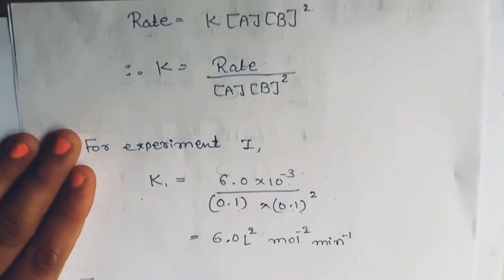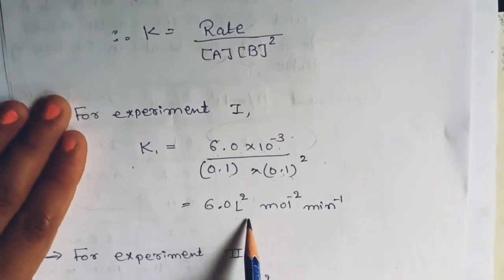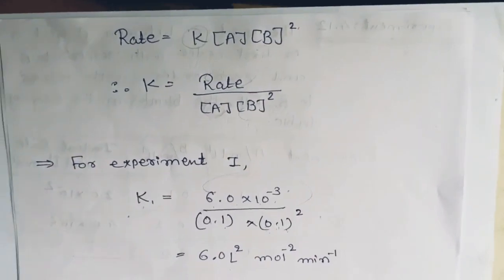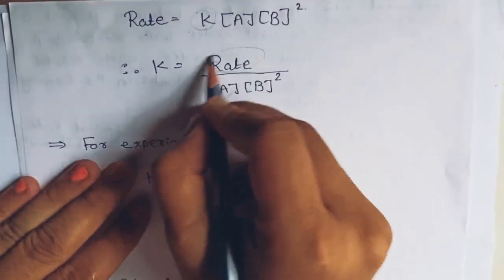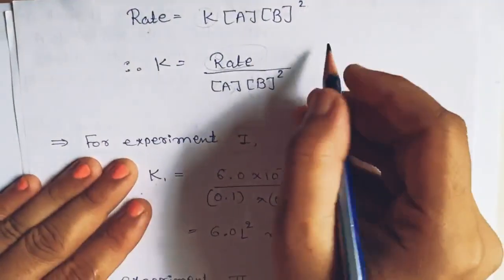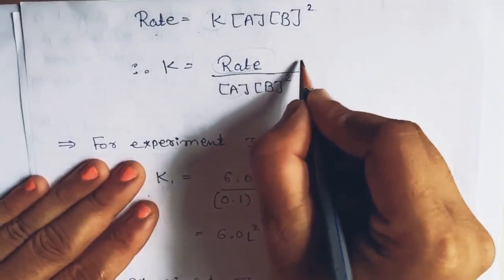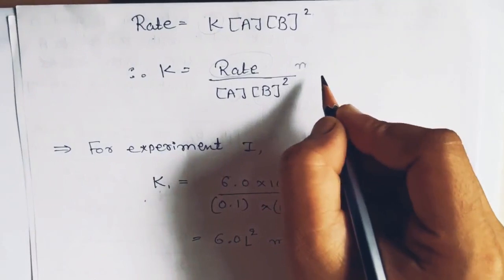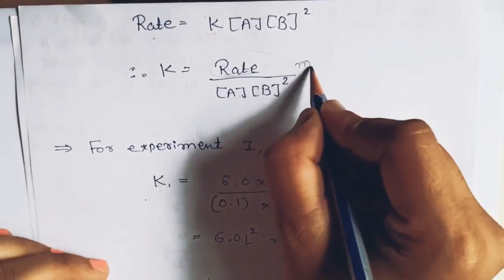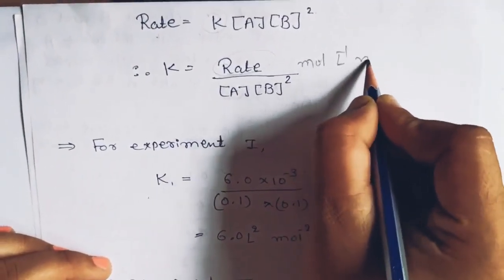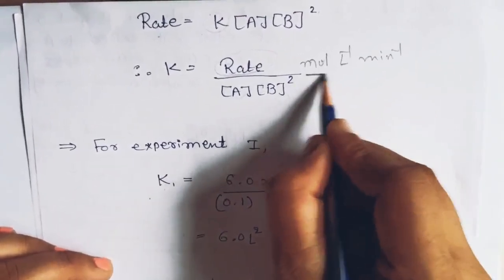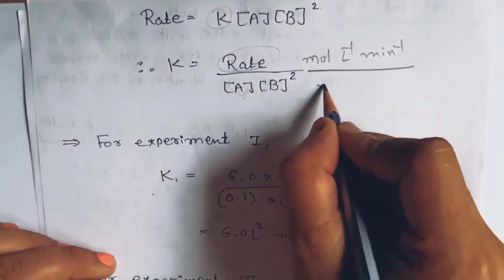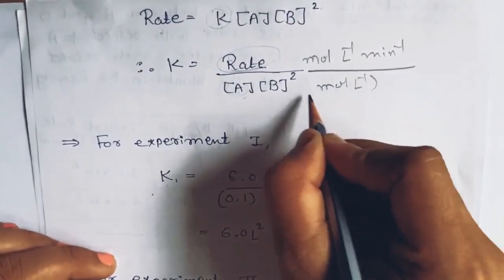Here you can find the unit of k for this particular reaction. The rate of reaction has what unit? Mole liter inverse minute inverse, right? And the concentration unit of A will be mole liter inverse.